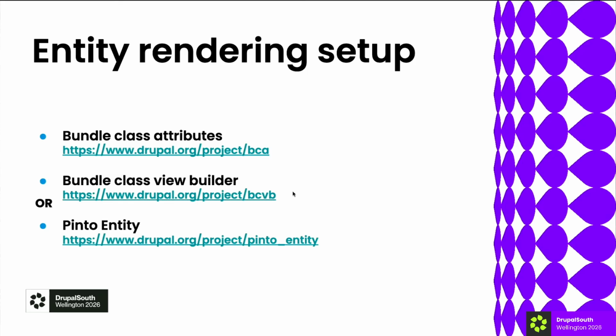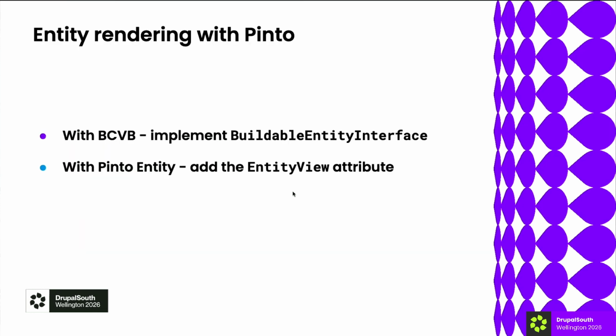Both of these modules are pretty much zero config setups. You just drop them in and then you just define things on your bundle class to use them. So with BCVB, the module ships with an interface. If a bundle class implements that interface, then the rendering of an entity of that bundle will just be diverted to a build method.